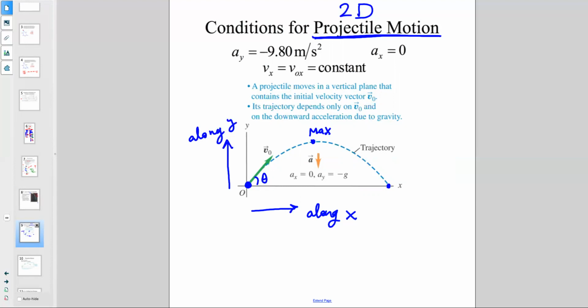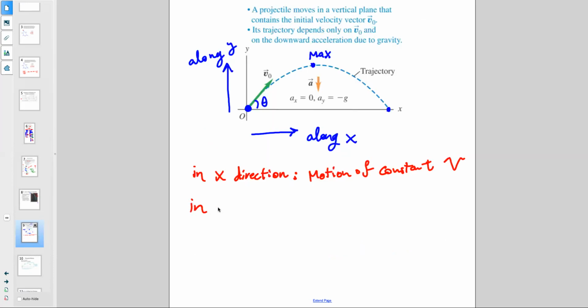So in the x direction, it is a motion of constant velocity, and in the y direction, it is a free fall with a equals negative g.